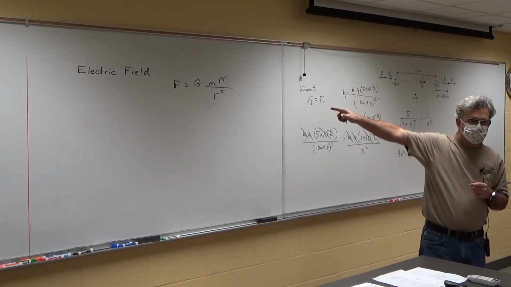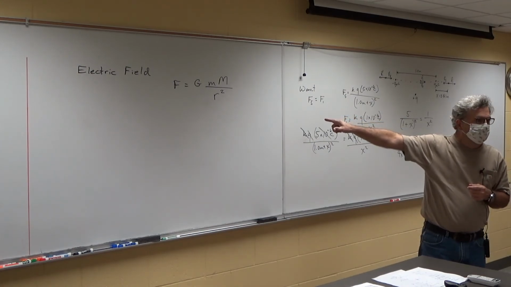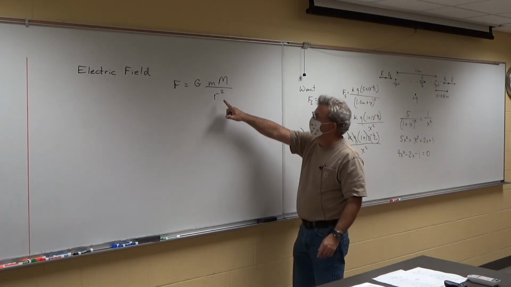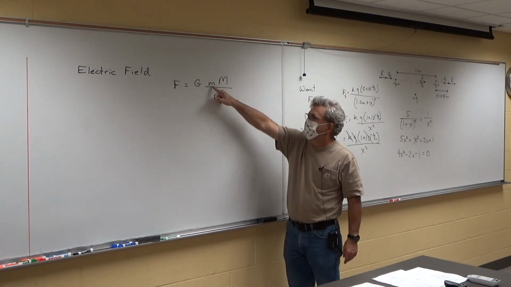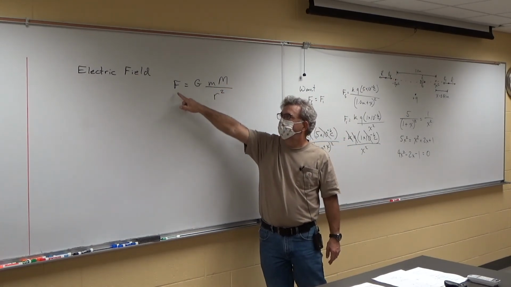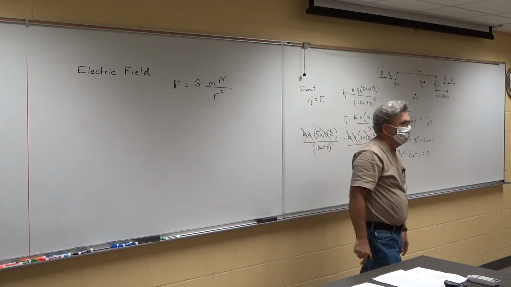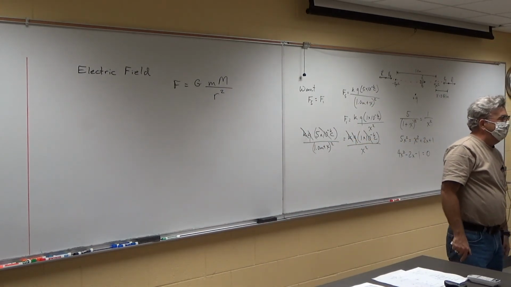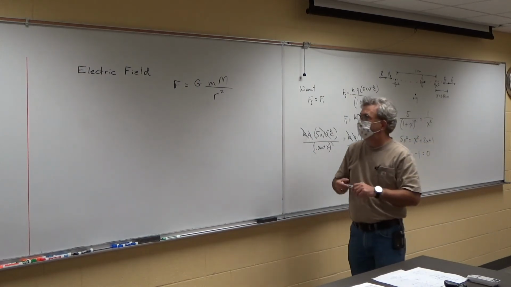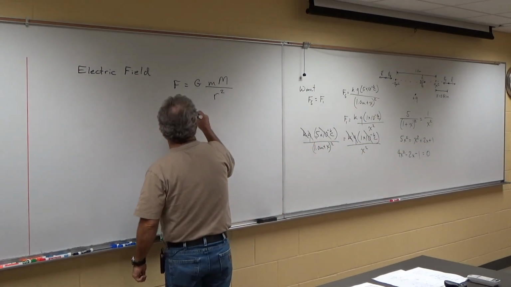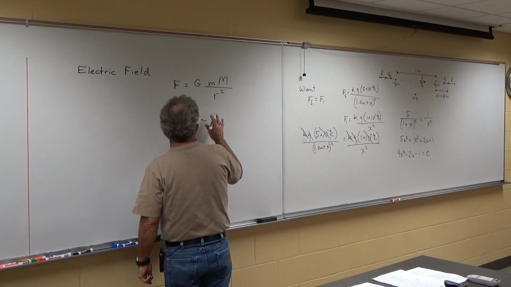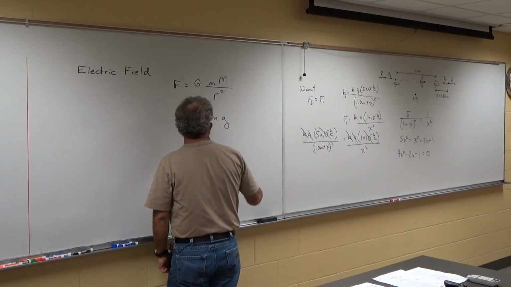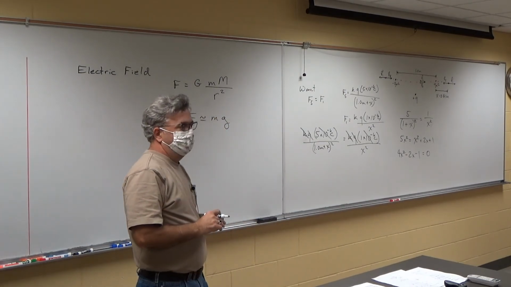If you know the distance you are from the center of the Earth, the mass of the Earth, your mass, and this constant, you can figure out the force on you due to gravity. And it's going to be really close to little m, your mass, times the acceleration due to gravity.